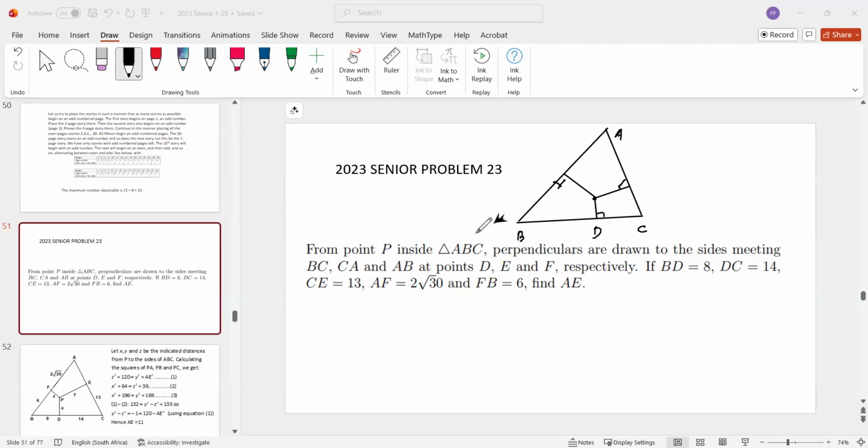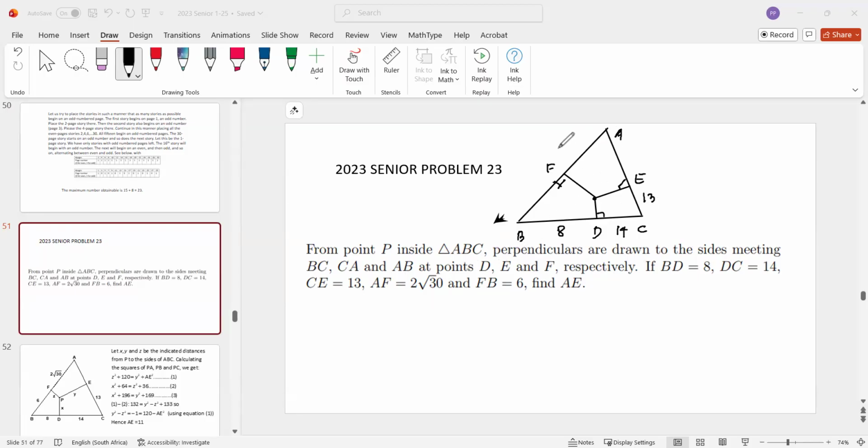So BC, CA, AB, like that. Now BD is equal to 8. So this is 8. DC is 14. CE is 13.